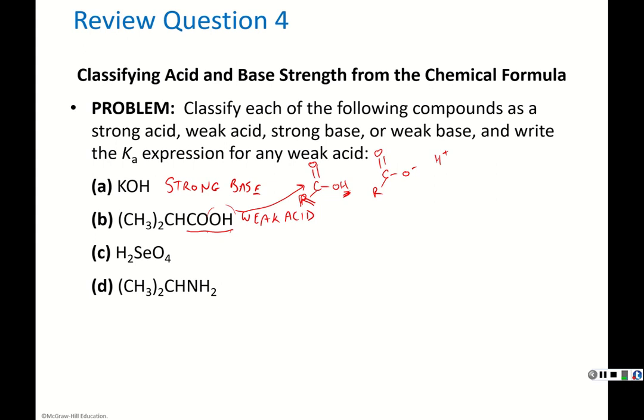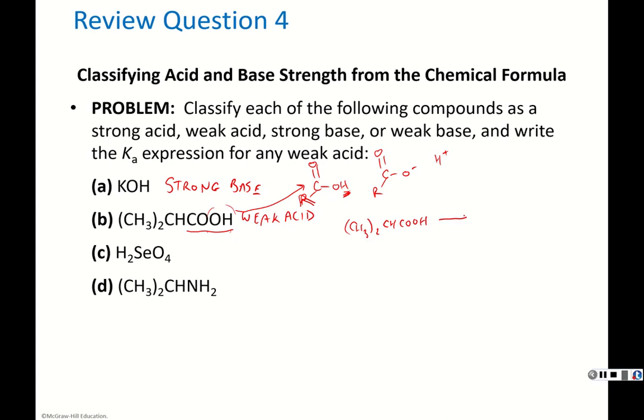Okay. So we can write our Ka expression for this one. Right? We have (CH3)2CHCOOH. Don't really care about most of this. All we really care about is that last hydrogen.